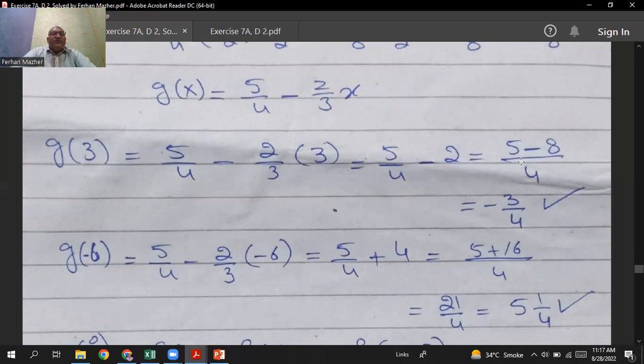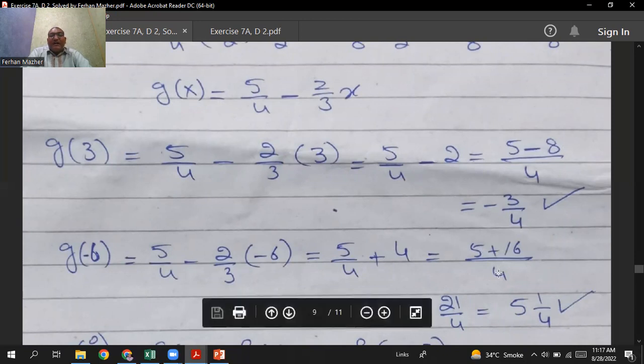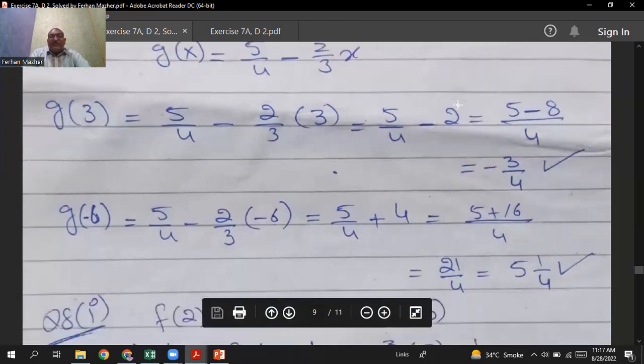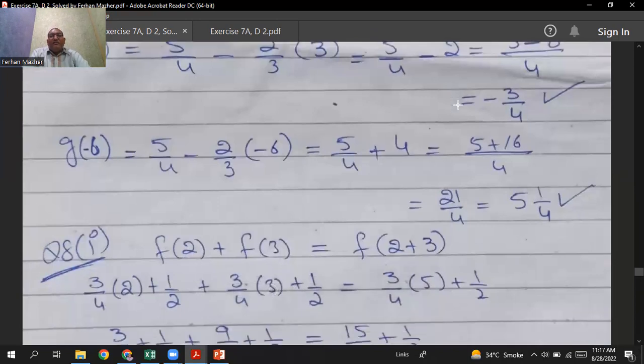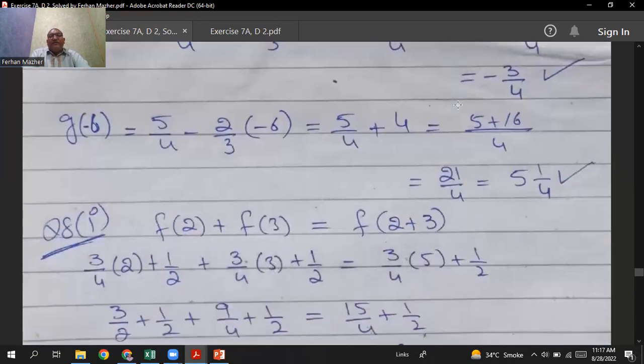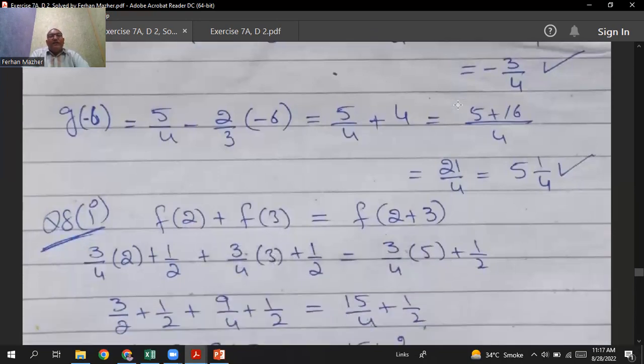Then they say g of minus 6, and that will be 5 by 4 minus 2 by 3 into minus 6, and that will be 5 by 4 plus 4. If you take the LCM, LCM will be 4, and you will have 5 plus 16 by 4, and then you will have 21 by 4, and that will be 5 whole 1 by 4.